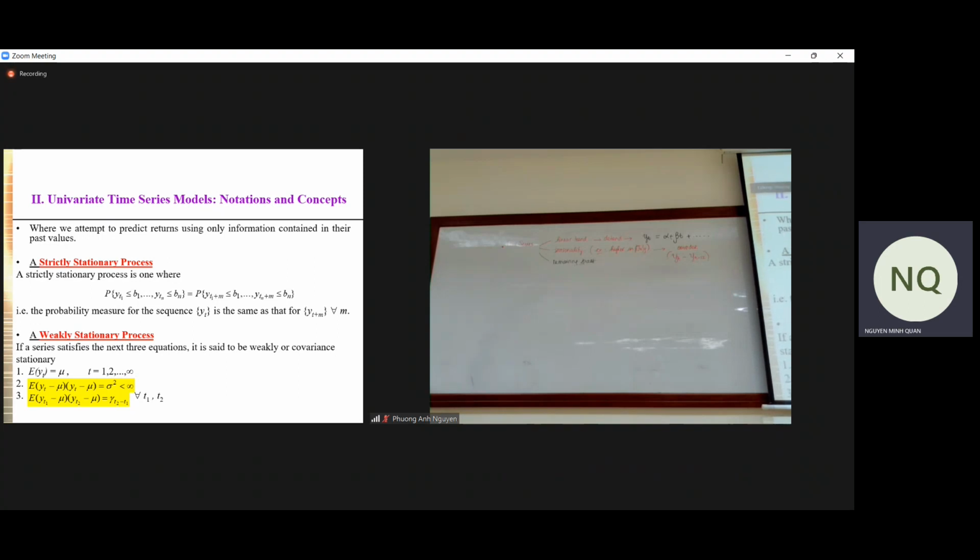So the series is said to be weakly stationary. Sometimes they call it covariance stationary when it has constant mean, constant variance, and also constant autocovariance. It is autocovariance because the covariance is generated from the same series, for a given lag.